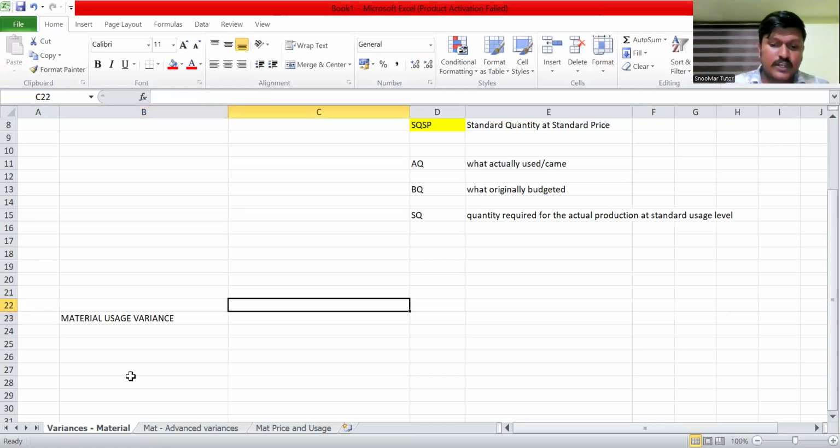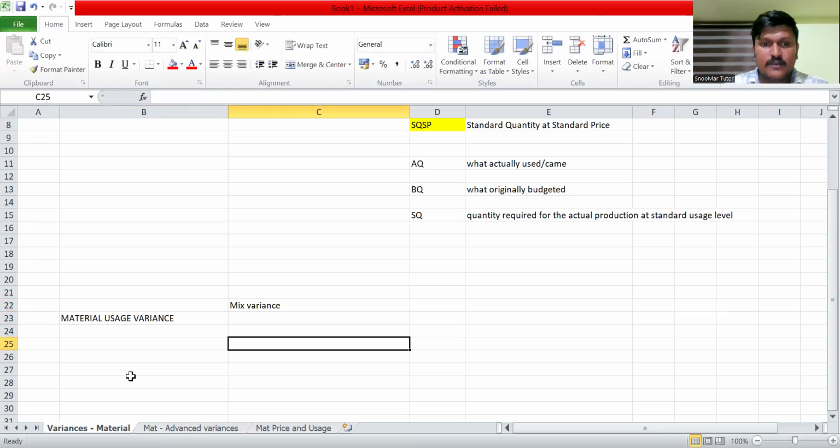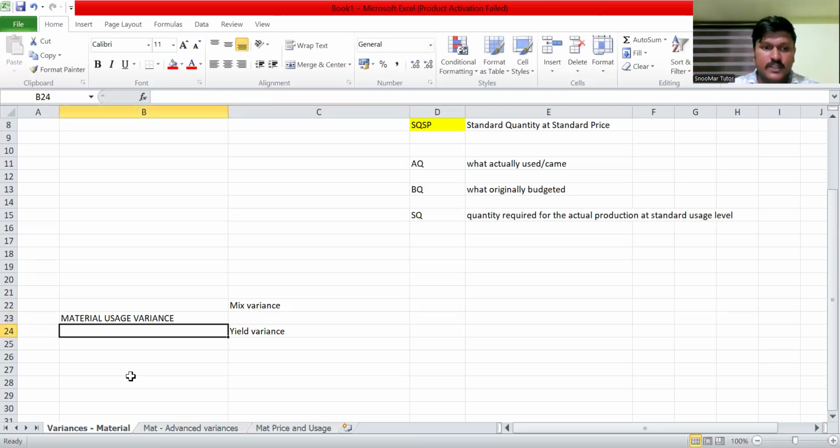So I'm just noting down mix variance. We have a mix variance and we have a yield variance, which is a subclassification of material usage variance.